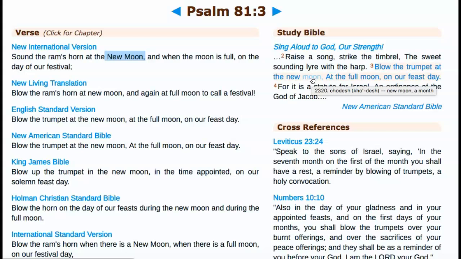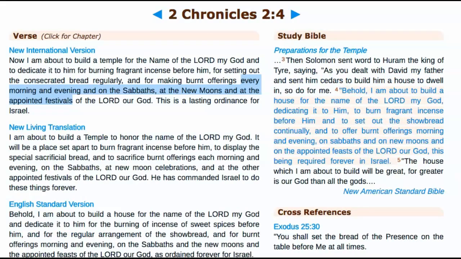So it should say new month right here. It should not say new moon, and we're going to go over why this is so important. And like we said earlier in the video, the places that you commonly see the phrase new moon in your translated versions is when it has to do with Sabbaths and appointed festivals. Why is that the case?